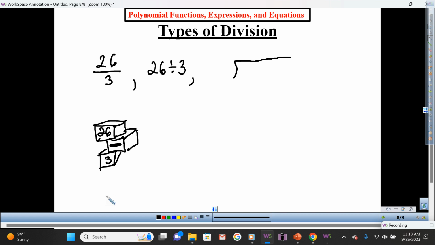Which one's going to be the farthest away if they push it that way? The 26. And then what falls after? The bar. And then what's the last one standing? The 3. That's the way to remember how to set up your long division.